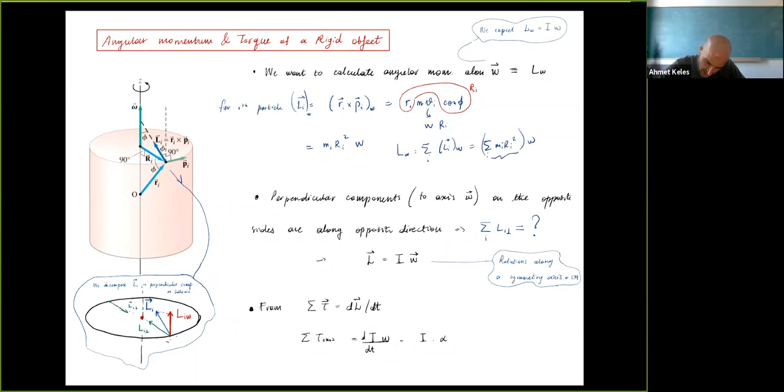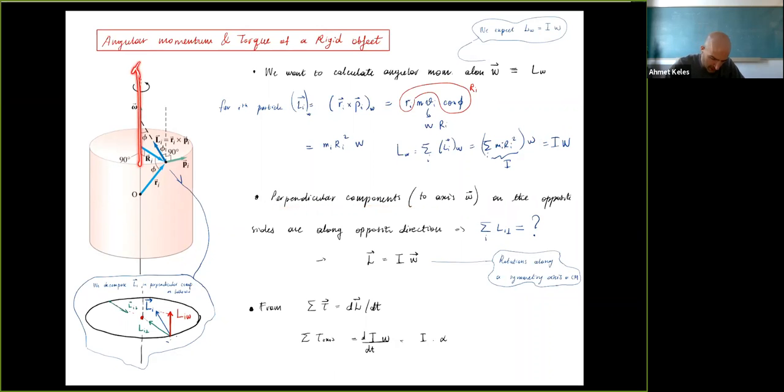But this is I, as expected, so we have I times omega. The upshot is that the angular momentum's projection along this axis is equal to I times omega, as expected.